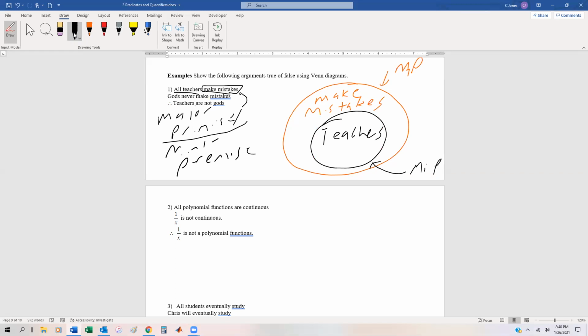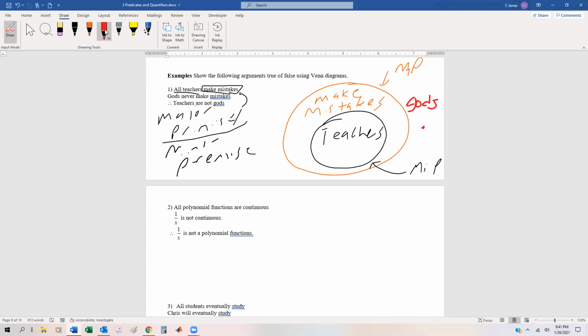Now, it says gods never make mistakes. So gods are on the outside of those that make mistakes. So right here, I'm just going to draw a dot and we'll have gods. We'll make it lowercase as to not offend anybody. And on the outside, we have gods that are never making mistakes.